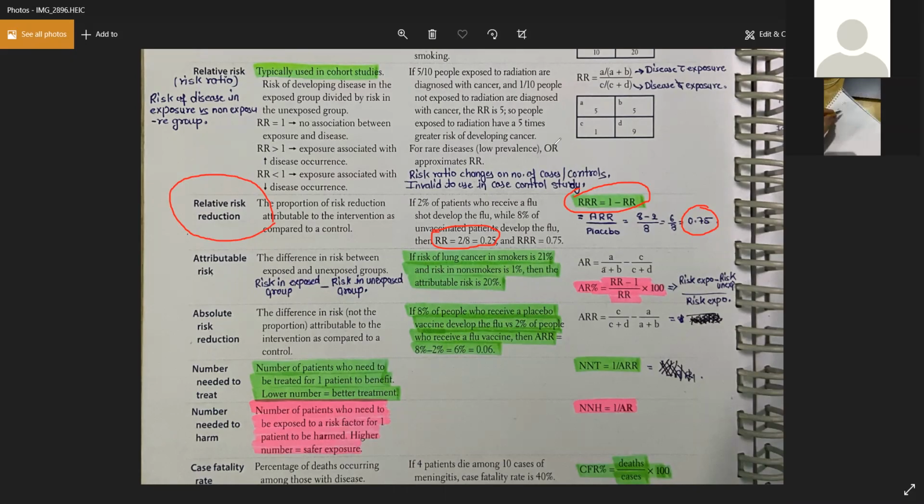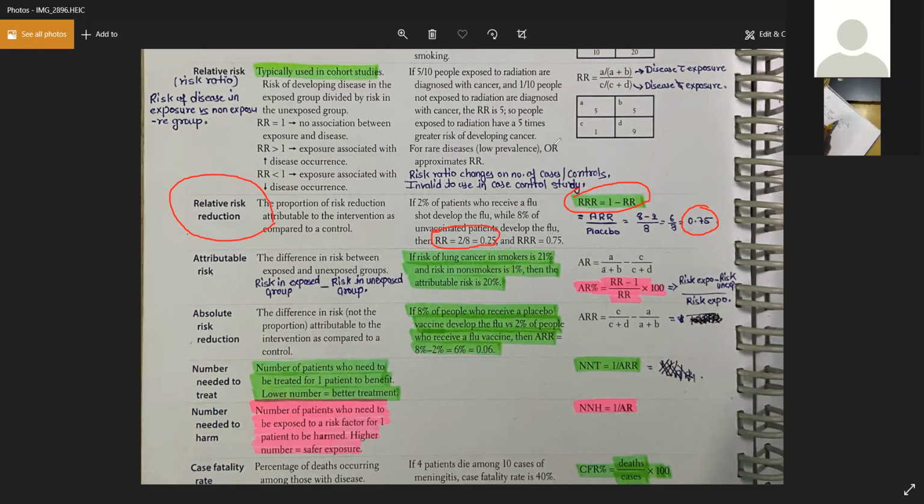This will be equal to the absolute risk reduction divided by the risk in the original group, right? Now, what is the absolute risk reduction? This will be equal to the risk in the non-exposed group, or those who do not take the flu shot, minus the risk in those individuals who receive the flu shot, or the exposed group. And in the denominator, I will take all the individuals who won't get the flu shot, without the exposure.